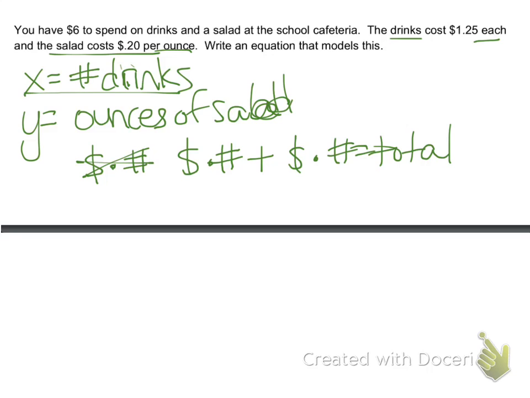So the price of the drinks is $1.25 times the number of drinks, plus the price per ounce of our salad is 20 cents per ounce, times the number of ounces of our salad, and that's going to equal our $6 total. Kind of goofed up on the last one.